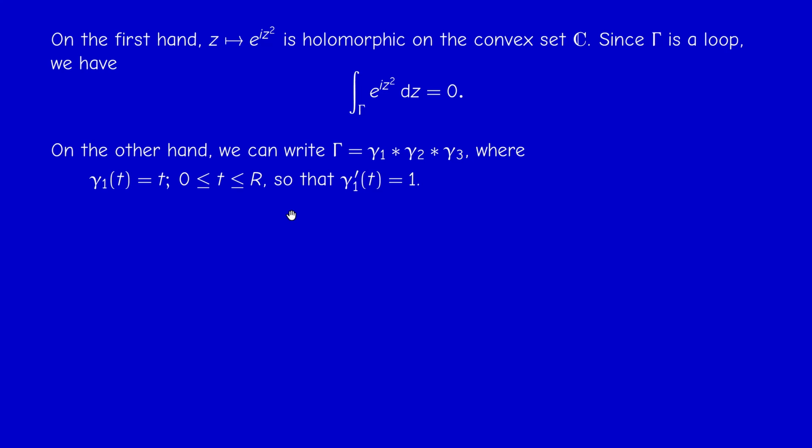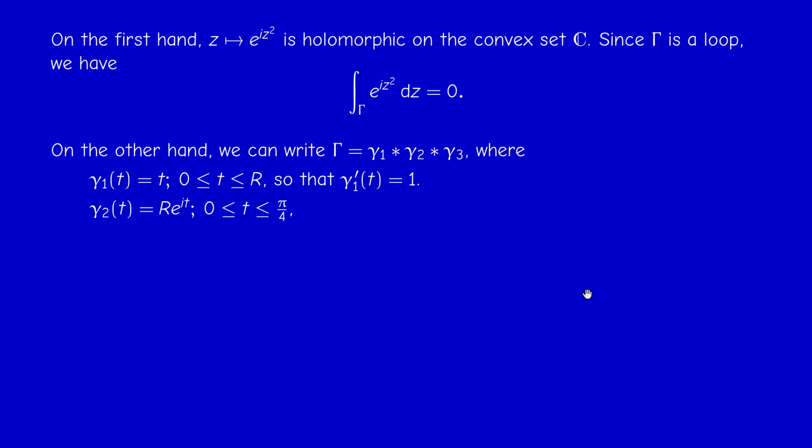Now, we don't need to write the formula for the composition, which is cumbersome. We write the integral over gamma as the sum of the integrals over each part, and each part has a straightforward parameterization. This is what we do in practice, so don't worry about the formula for the composition.